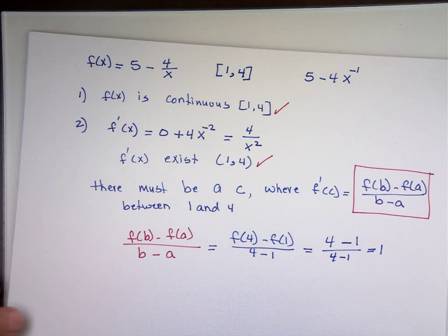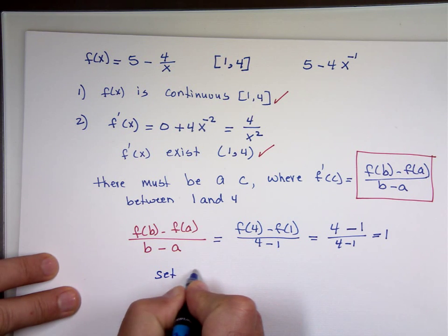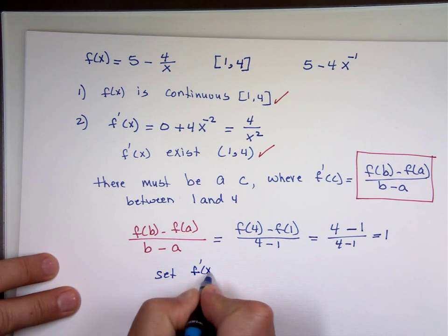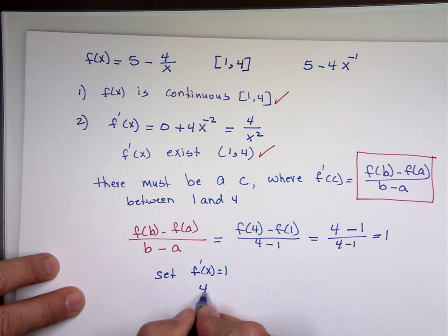Now let's take our derivative and set it equal to 1. So 4 over x squared equals 1.